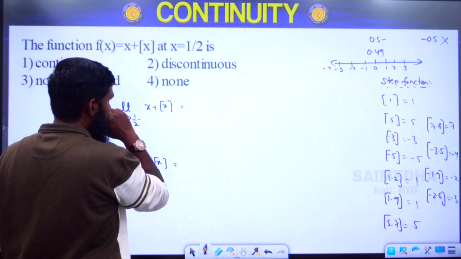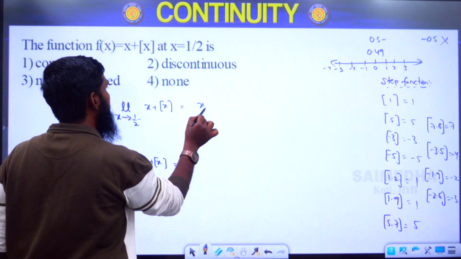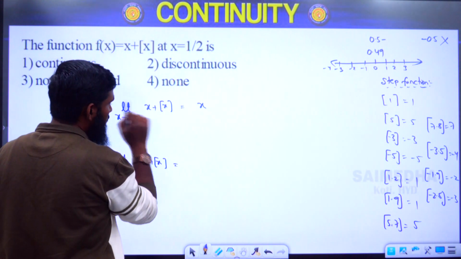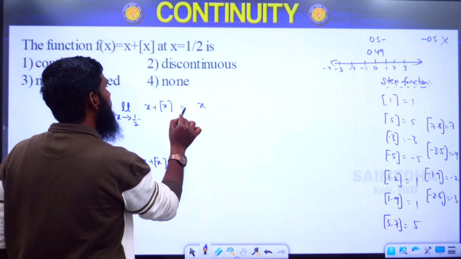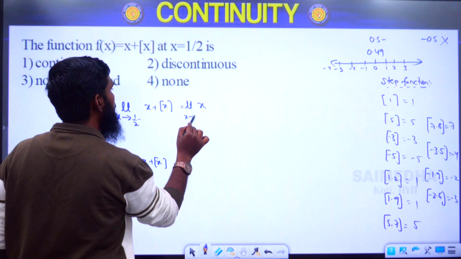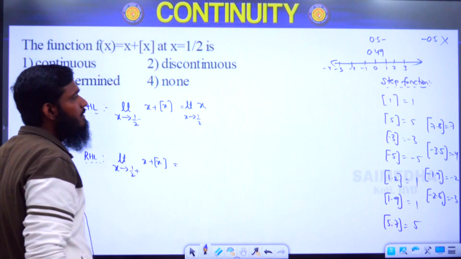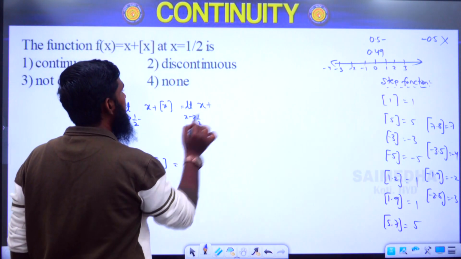We take x as it is. First we are substituting over here: limit x tends to 1 by 2, x we have written as it is, plus we have written as it is.